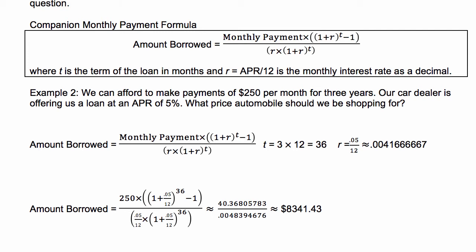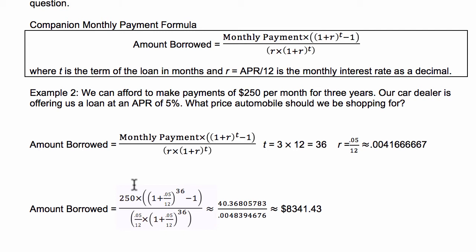For example, to calculate the numerator, you would first find 0.05 divided by 12. Next, you would add 1 to that quotient, and then take that sum to the 36th power. Next, you would subtract 1, and finally, you would multiply that difference by 250.